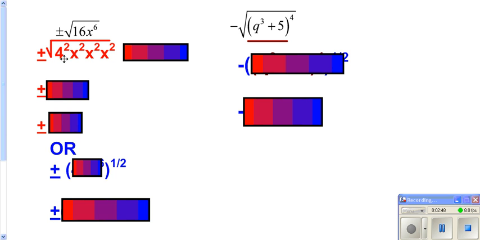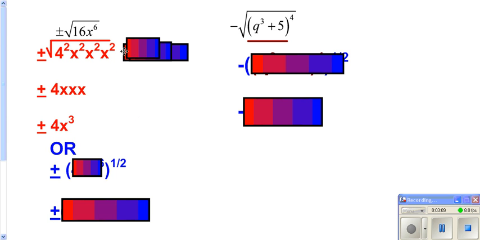Your square root then undoes each one of these squaring. So your square root undoes the square in the 4, undoes the square in the first x squared, undoes the square in the second x squared, undoes the square in the last x squared. So we have this. Well, a short way to write an x times x times x is an x cubed.